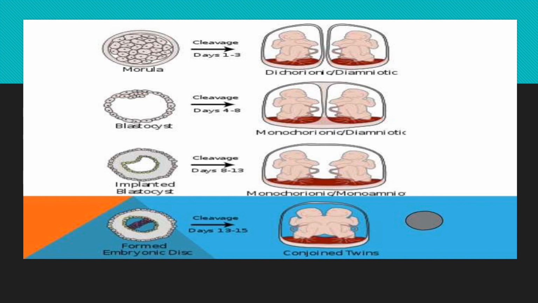While during implantation, at day 8 to 13, if the cleavage happens, we have monochorionic and monoamniotic twins. And at day 13 to 15, if the cleavage happens, it leads to conjoined twins, which is very rare.